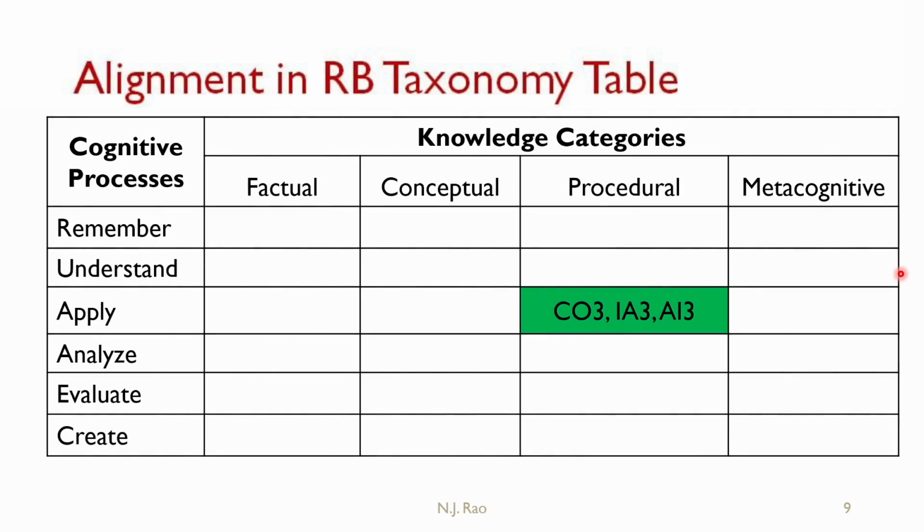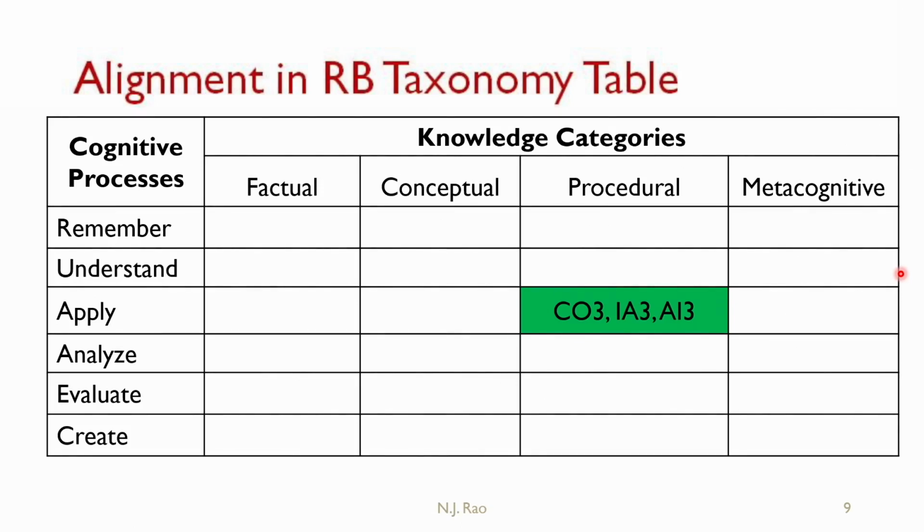And also, though metacognitive knowledge is important, I may or may not have the required resources to address the metacognitive level. So, what may happen is I am restricted to a 3 by 3 table rather than 6 by 4. Sometimes some courses, in fact many courses in many areas, stop with the cognitive process understand.